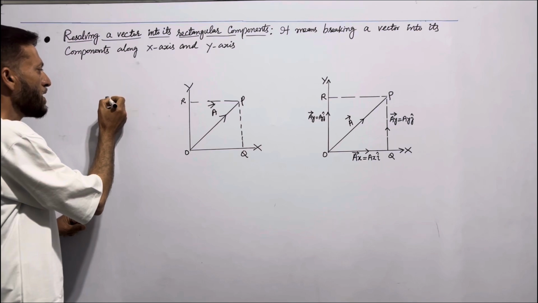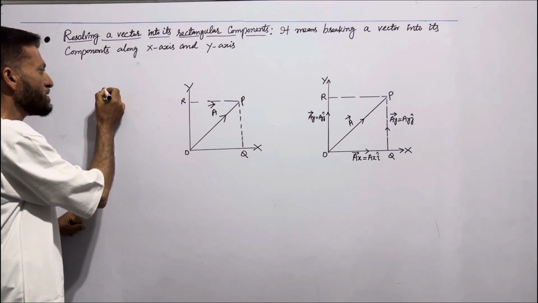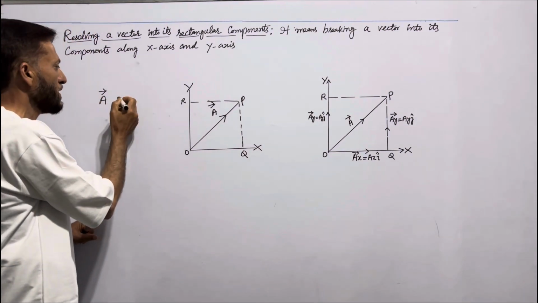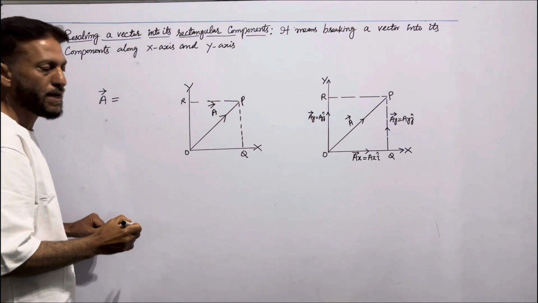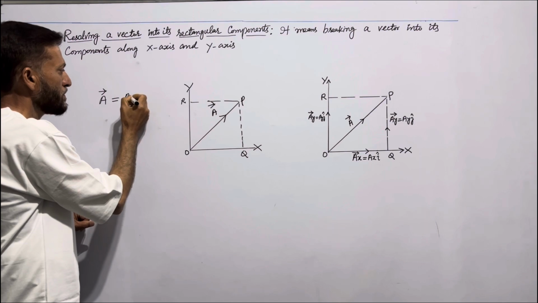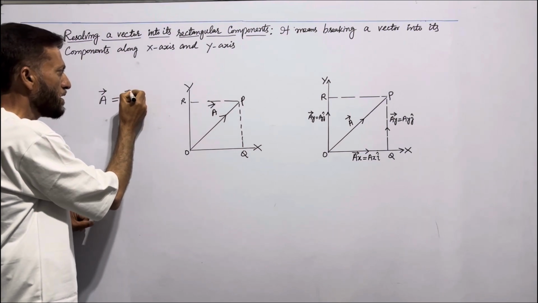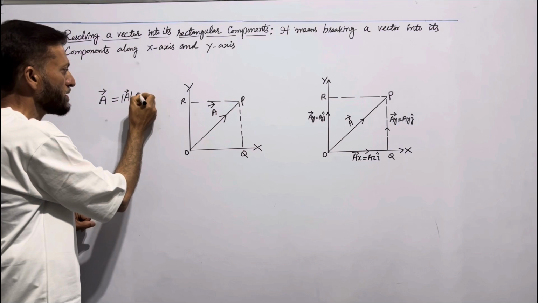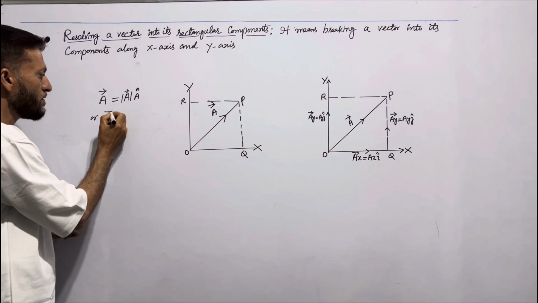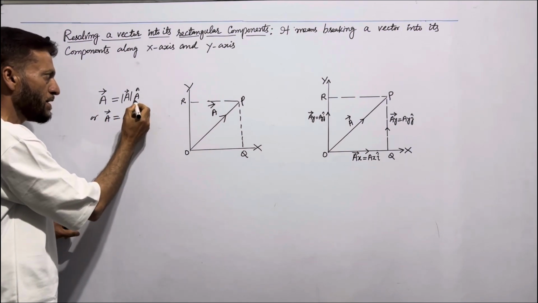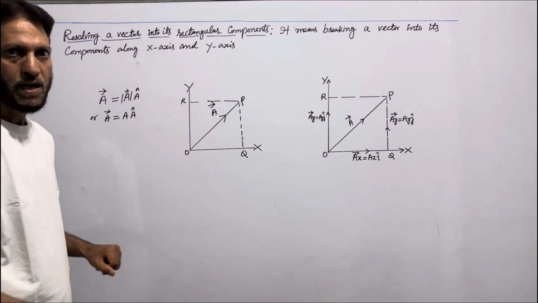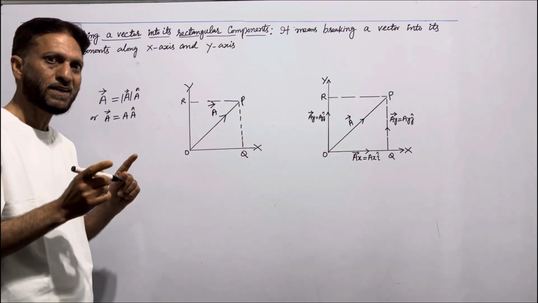We know a vector quantity has both magnitude and a direction. So let A be a vector quantity. It can be denoted as vector A equals to magnitude of A and unit vector A. A vector has both magnitude and direction.